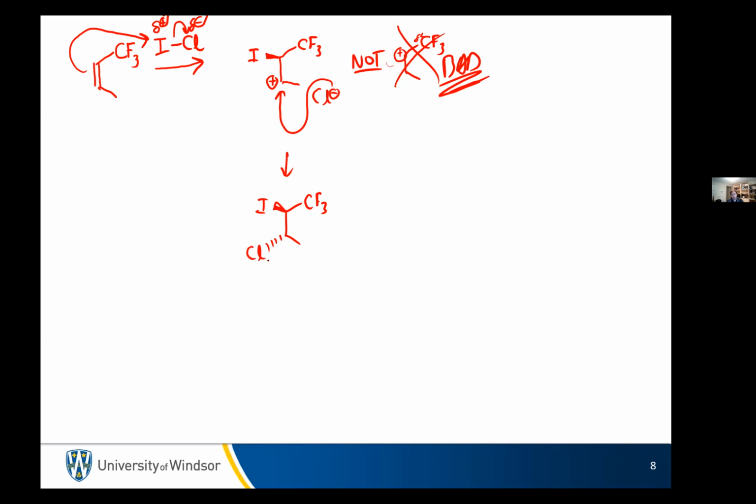And a chloride comes in. We are at 218. I'm going to leave this there, and I'm going to say not the whole story. Because I've drawn one product.